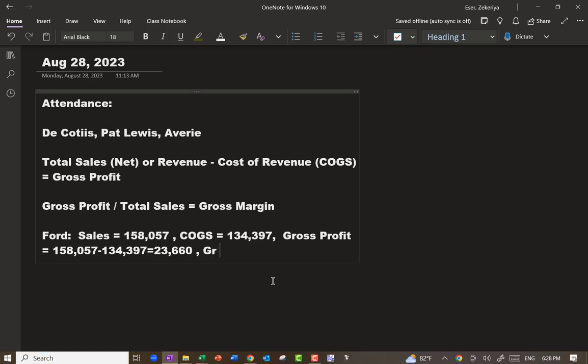Hence, gross margin, 23,660. About 15%. So for every dollar of, I'm assuming all of it is car sales, Ford keeps about 15 cents before other costs.